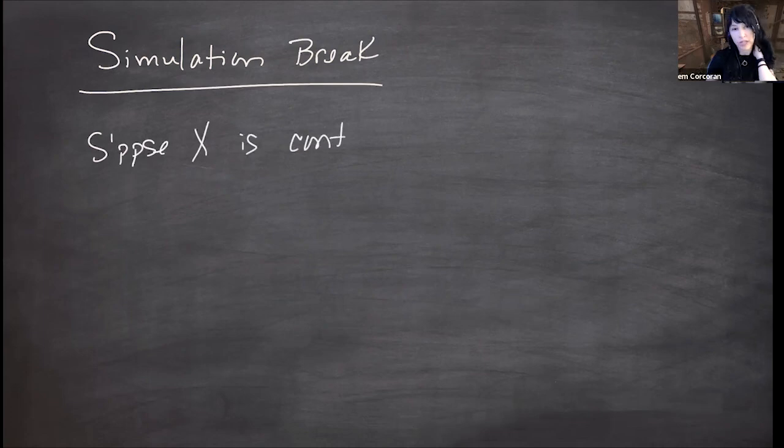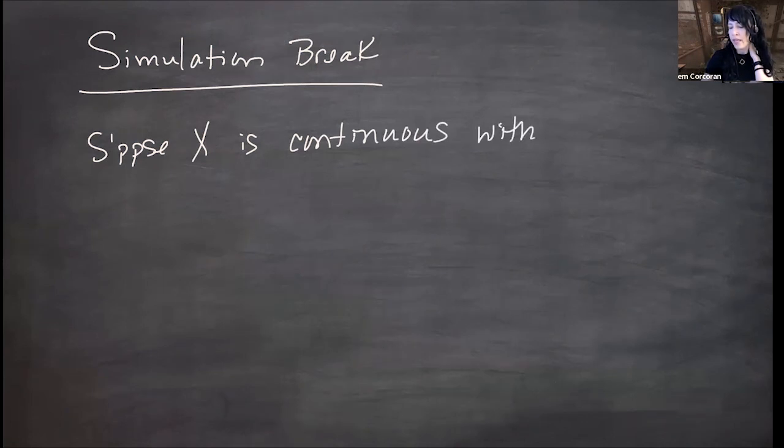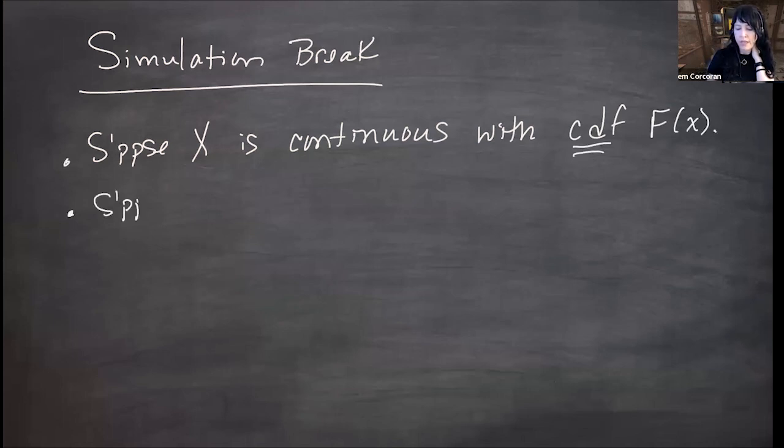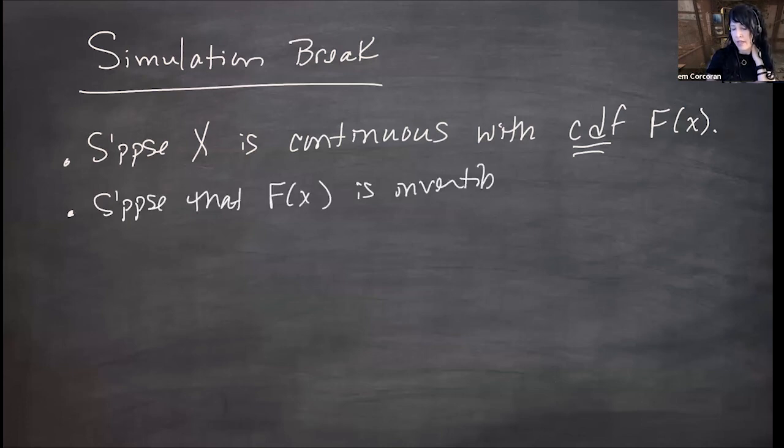This is going to be our first example of simulating from a continuous distribution, because so far we've talked about discrete and we had little boxes and tabular things and we chopped up a number line. So suppose x is continuous with CDF, cumulative distribution function, F of x. Furthermore, suppose that this is invertible, which is not always the case.